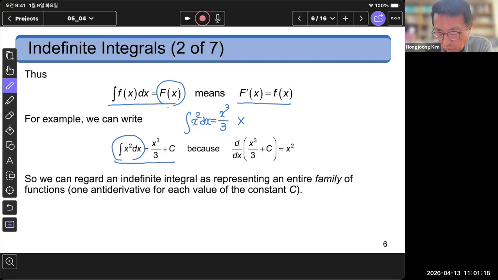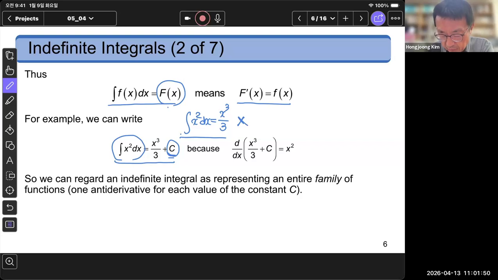So I need to add C, and this C is a must. You must put this C after x cubed over 3. If you just write down this, that is not correct. That is not a proper answer, and in that case, I will subtract some points.